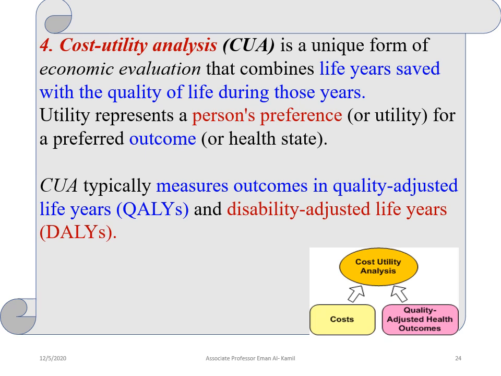So utility represents a person's preference or utility for a preferred outcome or health state. Sometimes they tell the patient, or the person himself, or the family, that after this intervention there will be no quality of life, so it becomes a choice whether to choose this alternative or not, according to the utility or benefit, how many years he will gain, or what is the quality of life of the individual after this intervention.